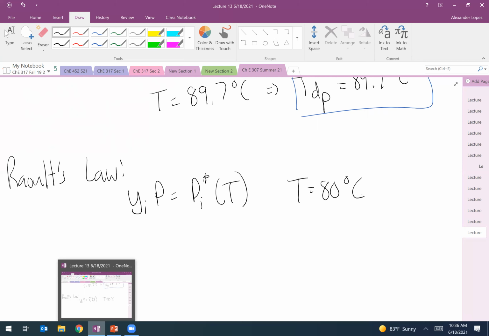And that essentially tells me how much water vapor exists in there.